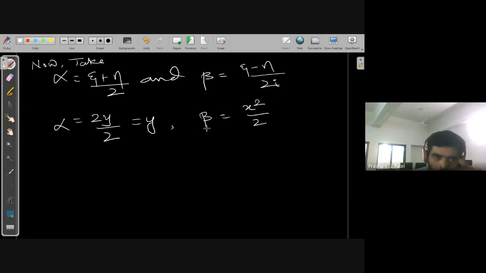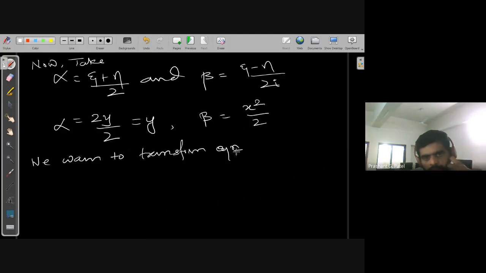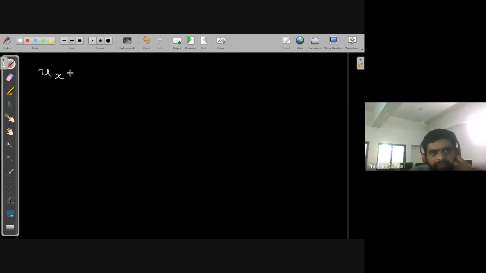Now we need to transform our equation 1 into alpha and beta. So now we need to see what u x is. Now u is a function of alpha and beta, and alpha and beta are functions of x and y.